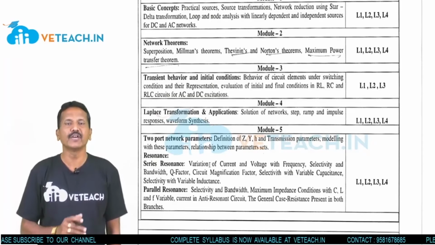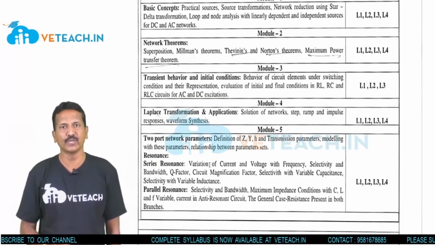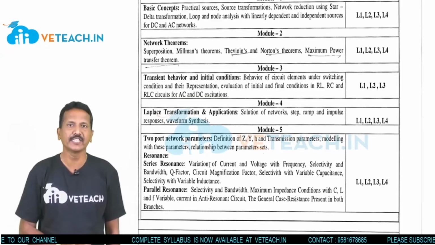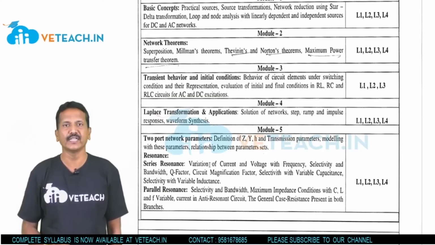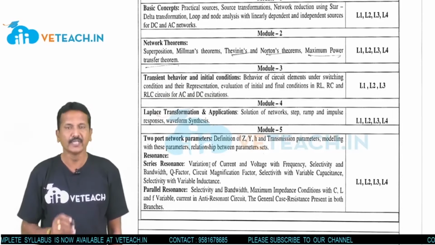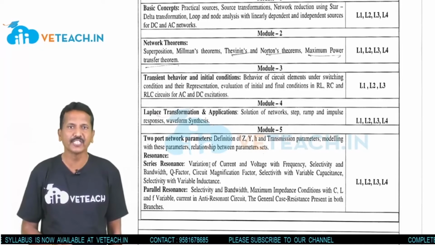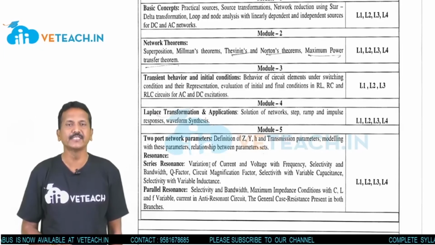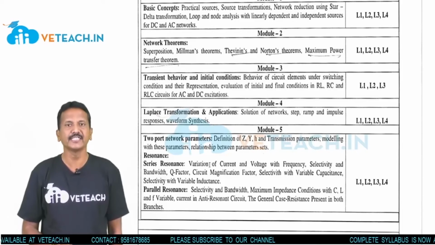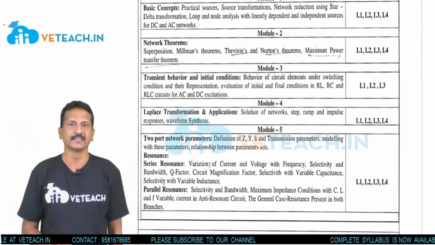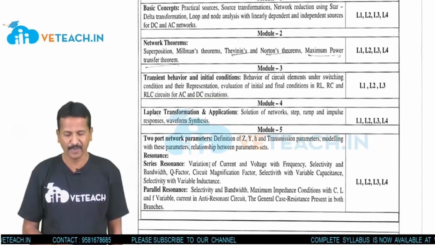Two-port is nothing but we have two input terminals and two output terminals. In terms of dependent values as well as independent values, from that we have to derive the relation and find the unknown values. So we have Z parameters or impedance parameters. Number 2 is Y parameters or admittance parameters. Number 3 is hybrid parameters and transmission parameters.